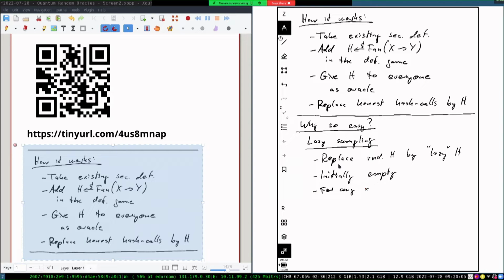and then for any input x on the first h(x) query, so whenever we use an x input to the hash function that we have not asked before, we pick the result randomly on demand.